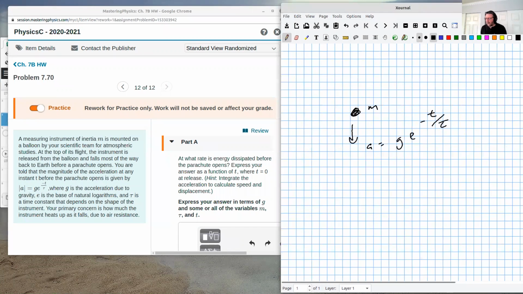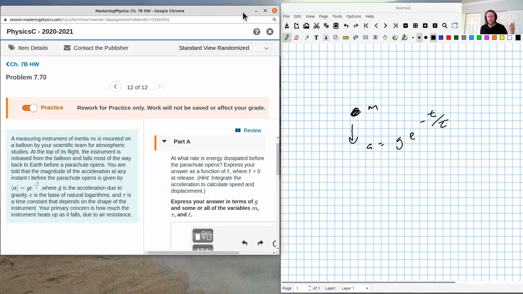So I want to talk for a moment about what would happen if the acceleration was constant. If the acceleration was constant and it was our familiar negative 9.8 meters per second squared, then as that package falls, its potential energy will decrease. Its kinetic energy will be increasing because it's speeding up.